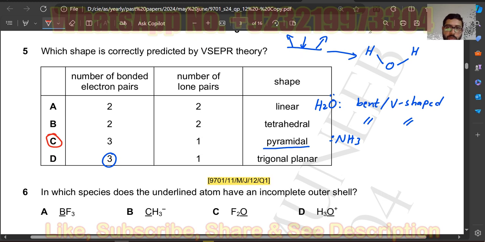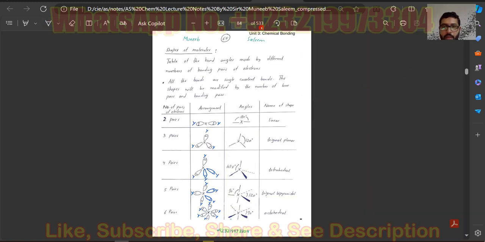Now I can show you through my notes as well. There is a complete table of the combinations of electron pairs, bonded and non-bonded. This table includes only the bonded pairs of electrons with their shapes, and we have checked that when there are four bonded pairs, we get the tetrahedral structure, and when there are only three bonded pairs, we get trigonal planar.